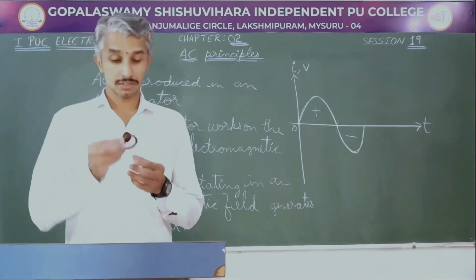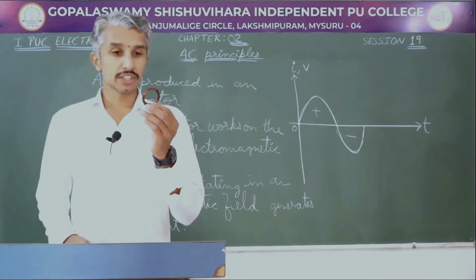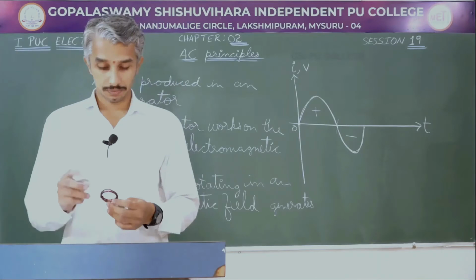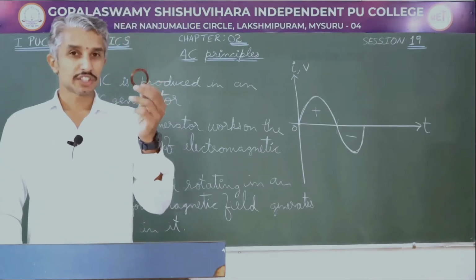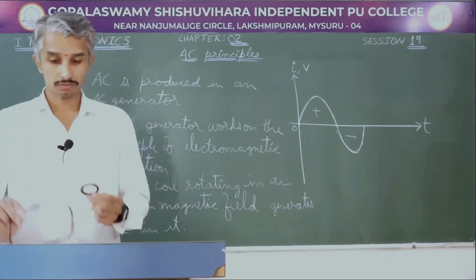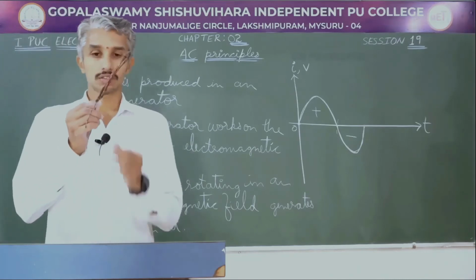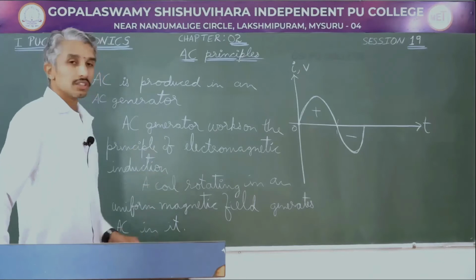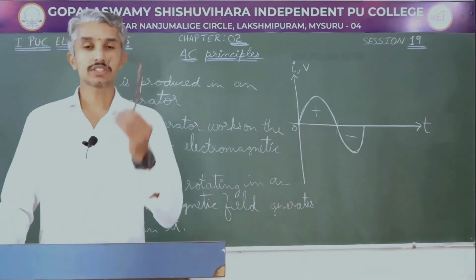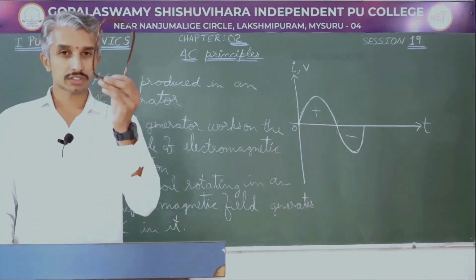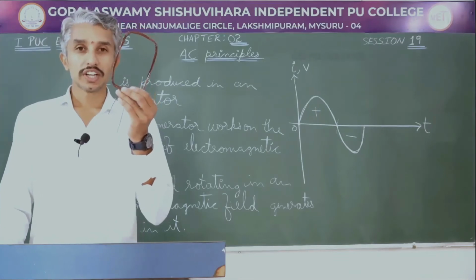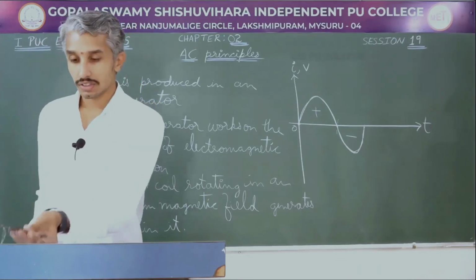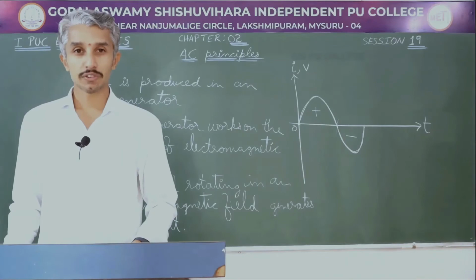Take an insulated wire, just wind it. Now, this becomes a coil, and the coil can be of any shape. It can be either circular or rectangular. Generally, in AC generators, the coils are rectangular, and when this rectangular coil rotates in between magnets, we get AC. Let us have a demo of it.